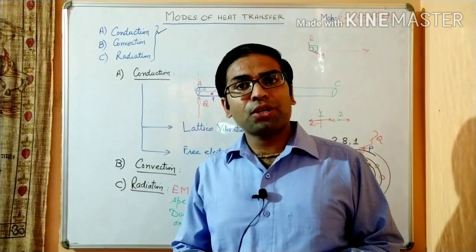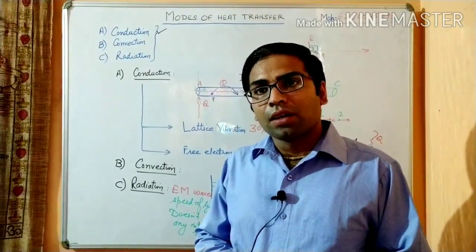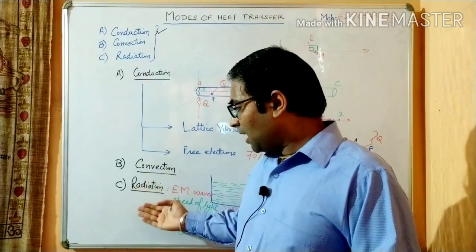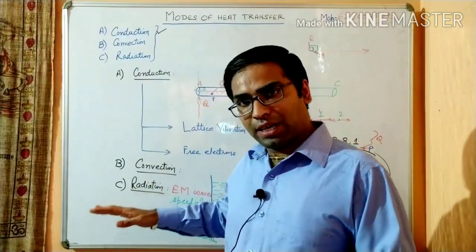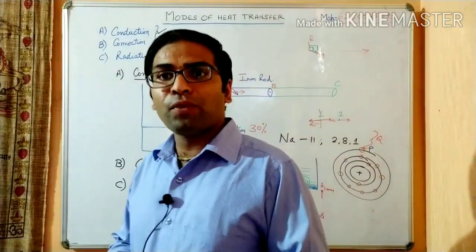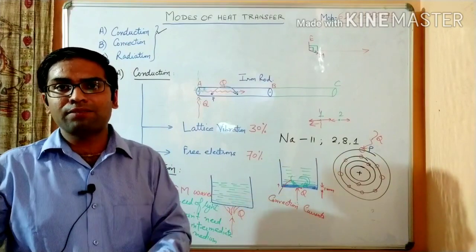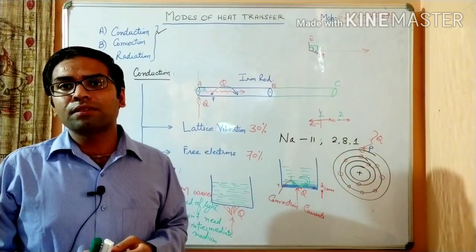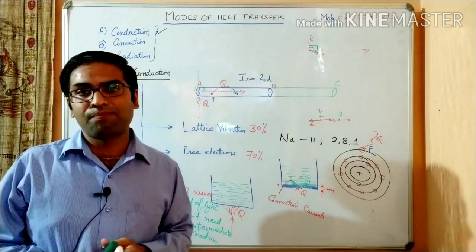The more the temperature of a particular body, the more will be the heat transfer through radiation. The radiation mode of heat transfer dominates where temperatures are very high. For example, we have just seen the case of the sun, where the temperature is in thousands.